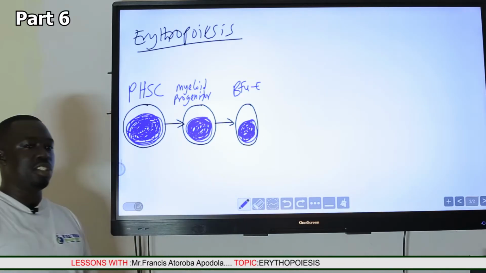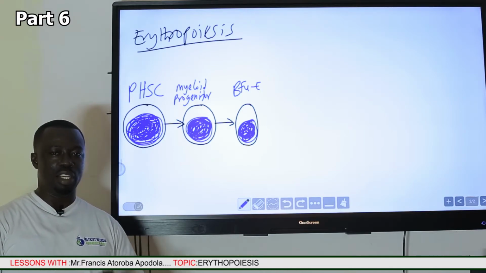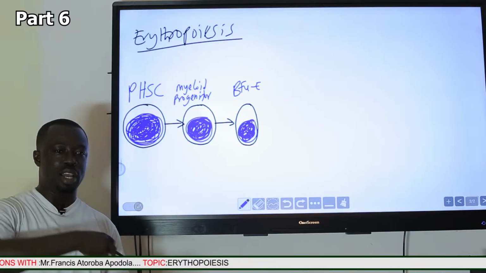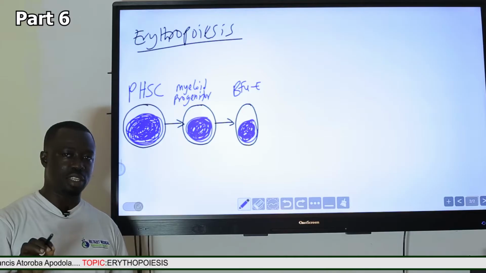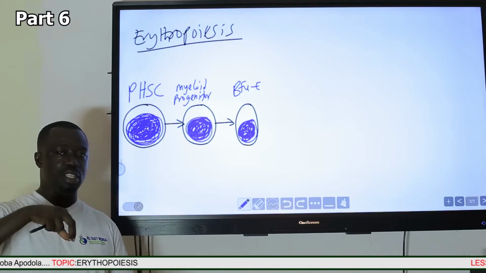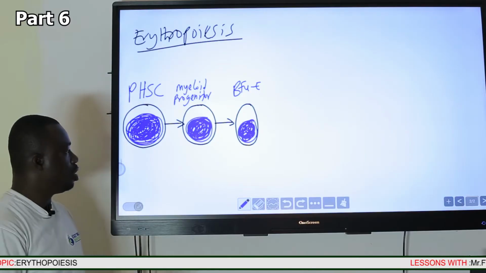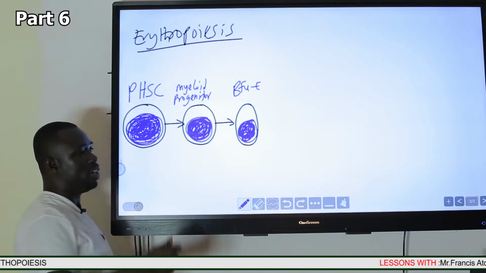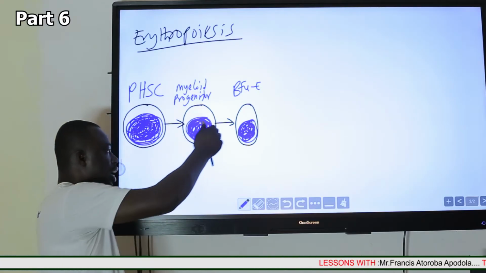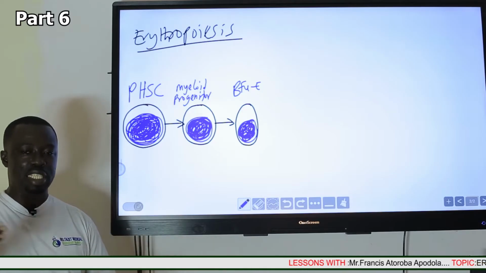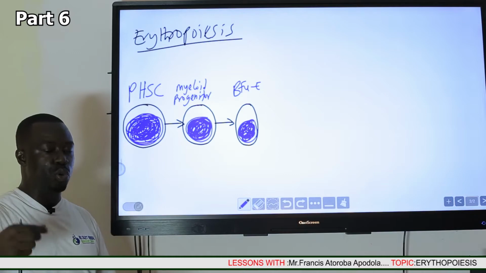Remember that the nucleus is made up of nucleic acids, and if we are staining a cell with a Romanowsky dye or Romanowsky stain, the basic part of the stain, which is positively charged, will be attracted to the nucleic acid, which is negatively charged. Remember that an acid will always interact with a base, and the basic part of the stain is blue in color.